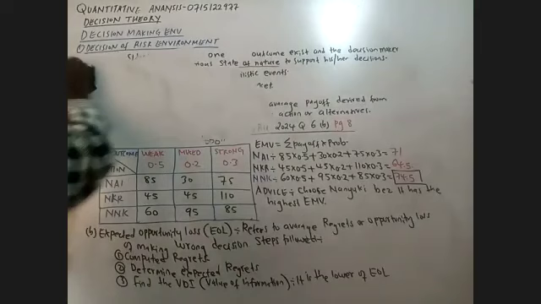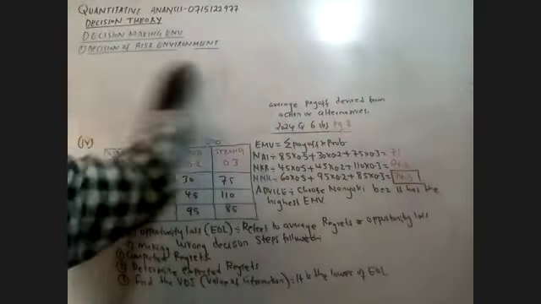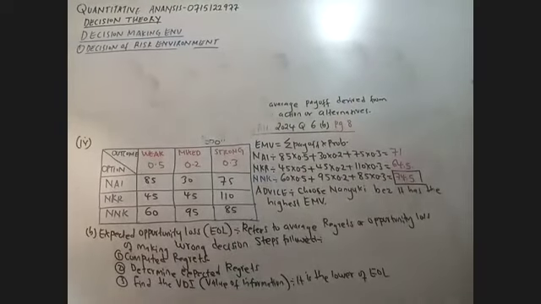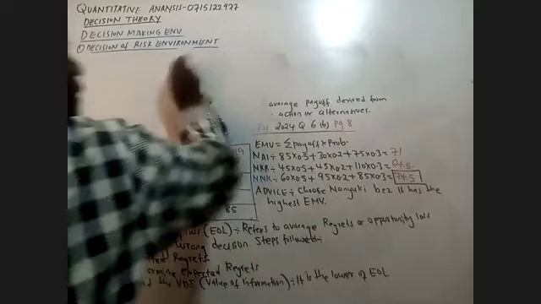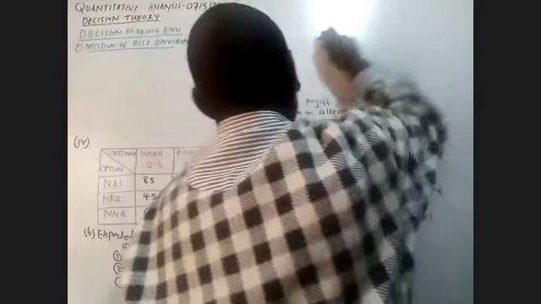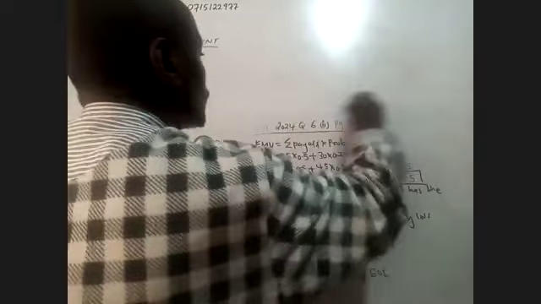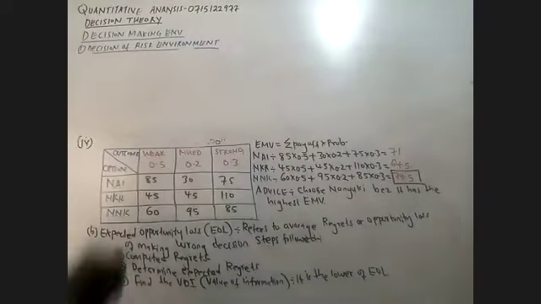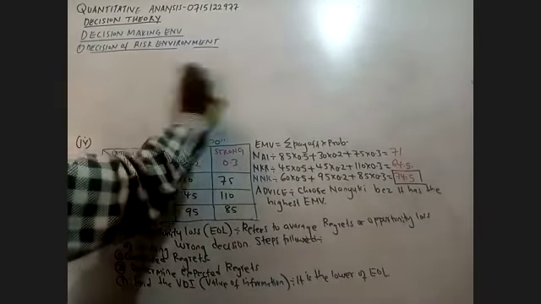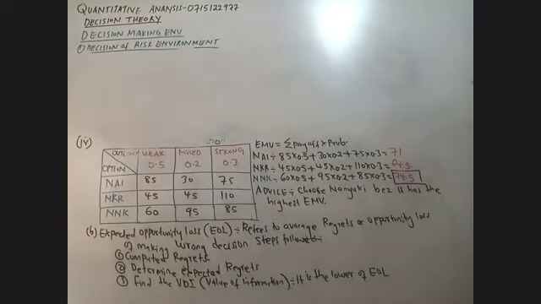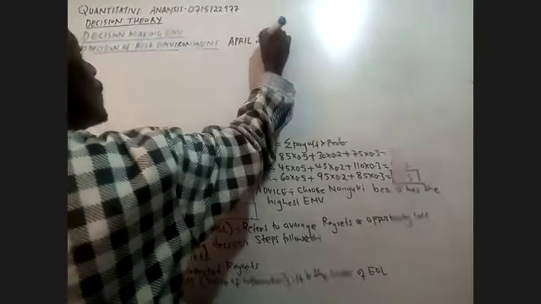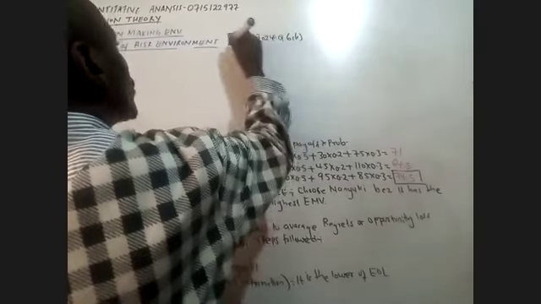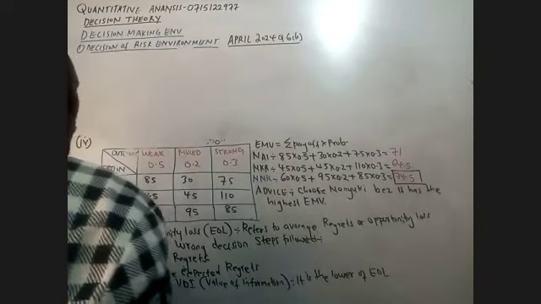So we do part 4 of that question. So the question is for April 2024, which is number 6B.